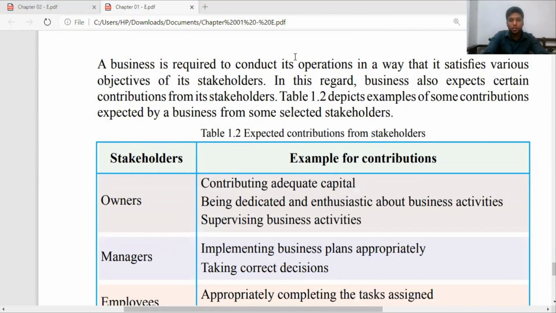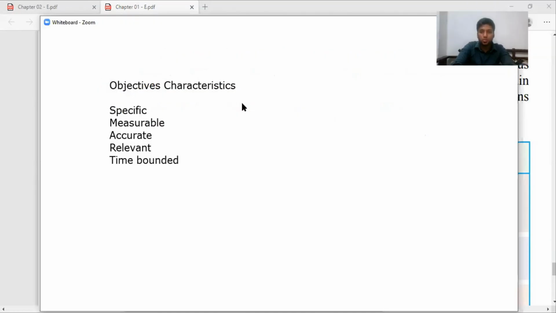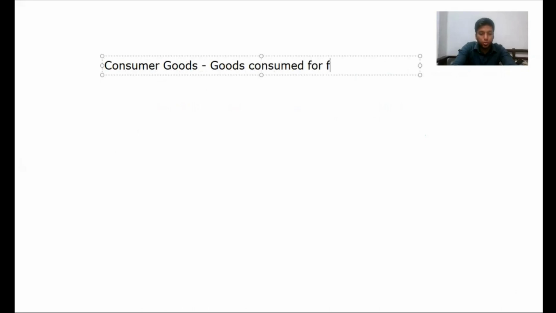The difference between capital and consumer goods. There are four types of consumer goods you want to remember. As I said, consumer goods means goods consumed for final consumption, right?